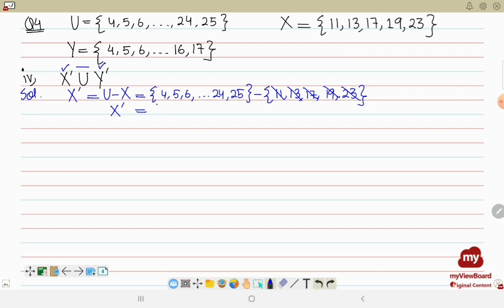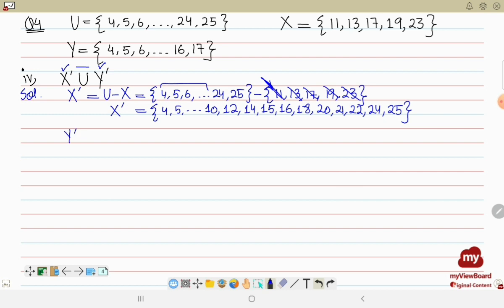Let's write them down. 4 से लेके 10 तक तो आएंगे ही आएंगे, ठीक है. अगर आप यहाँ से देखें तो ये एलिमेंट्स 10 से पहले पहले हैं. सो 4, 5 टिल 10 तक तो आना ही है. 11 निकल गया बीच में से, 12, 13 निकल गया, फिर 14, 15, 16, 17 निकल गया, देन 18, 19 निकल गया, 20, 21, 22, 23 निकल गया, 24 and 25. So these are the elements of set X complement, right?